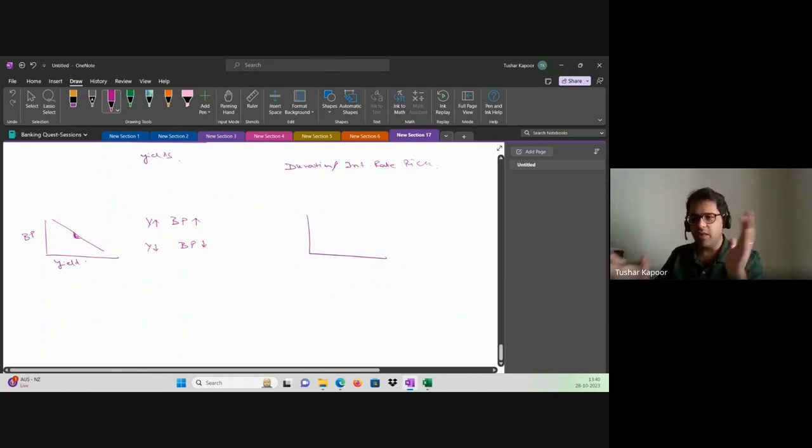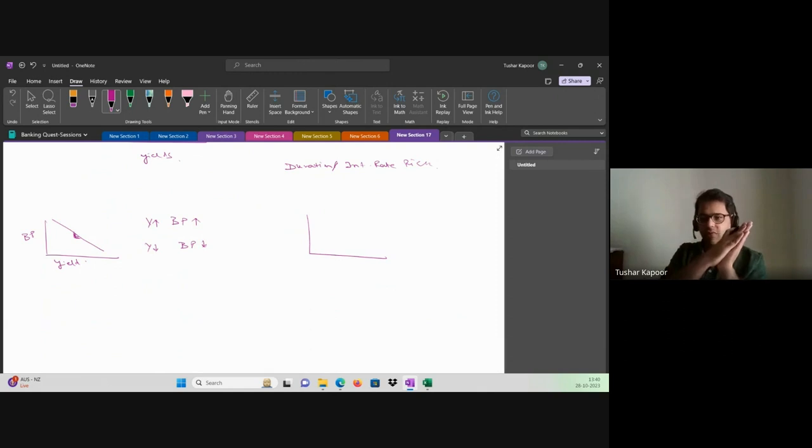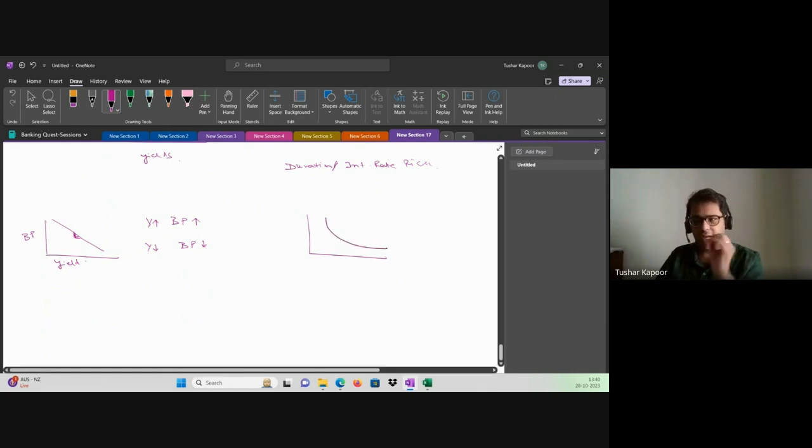Once you have calculated it for a straight line, you're now converting it into a curve to capture the actual relationship. This straight line was capturing the behavior of duration.